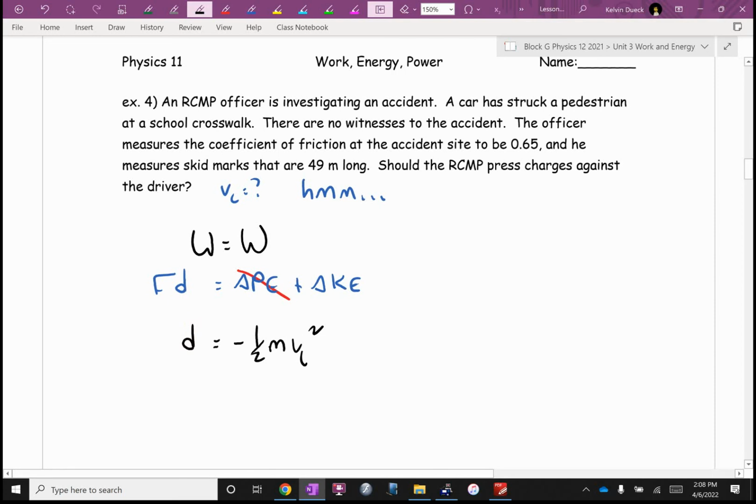Friction is what times what? First of all, I should have said which force is bringing us to a stop. It is friction. It's going to be mu times the normal force, which I don't know. But look, another force the same size as the normal force. If there was a hill, you could get the angle of the hill, and it wouldn't be mg, it would be mg sine. We can do that too if we were on a hill.